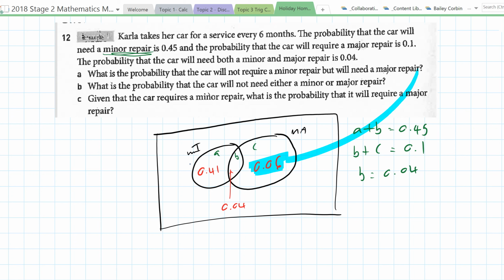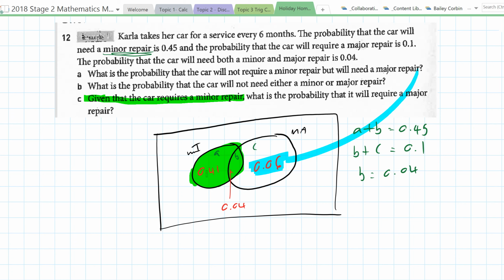Given the car requires a minor repair, what is the probability that it will require a major repair? This is a good question. What this is saying is, given that it requires a minor repair, means we are absolutely guaranteed to be in here. So that is our space, and I'm doing terribly at colouring in the lines, but we are in there.